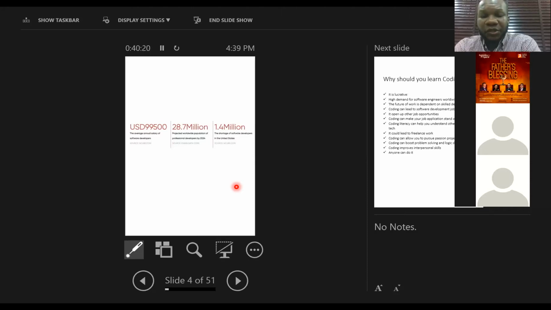So you just have to prepare and be diligent and serious about this course you're about to take, because it has the possibility to land you anywhere good in the future. I hope I've been able to convince you that you've taken the correct step to venture into this career in software development.